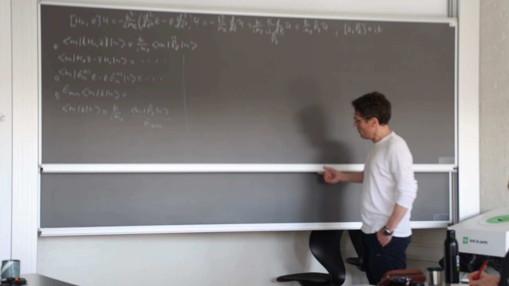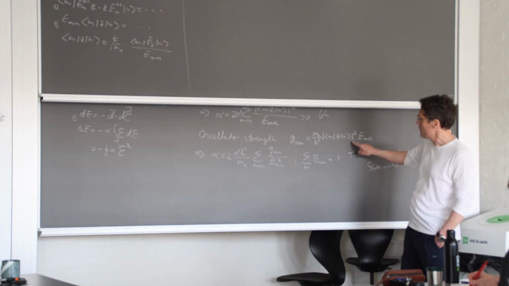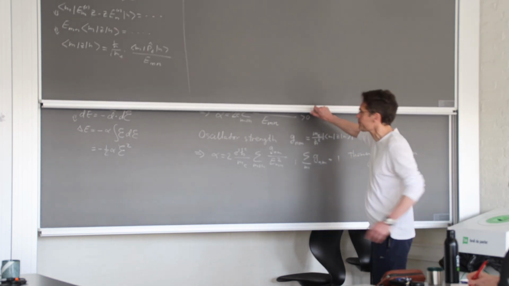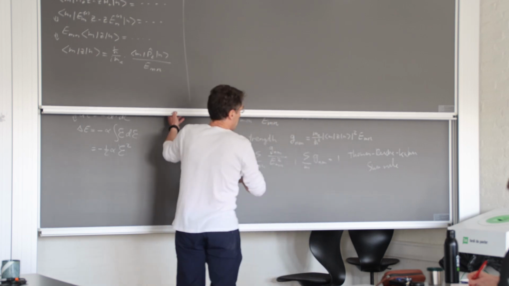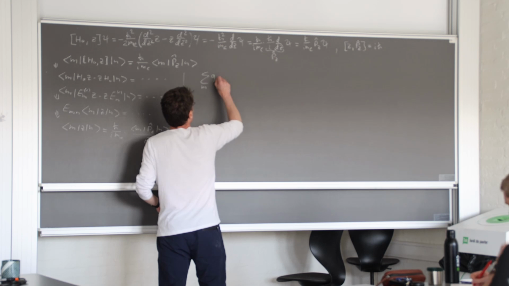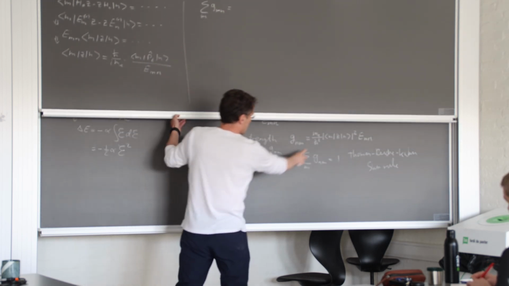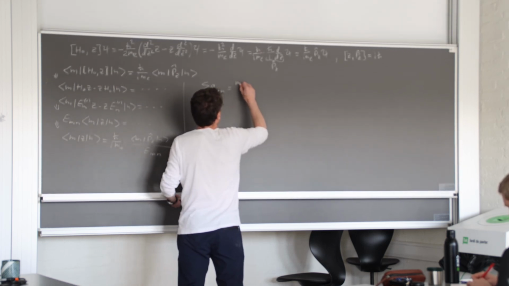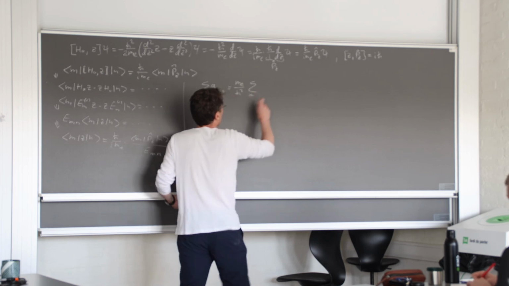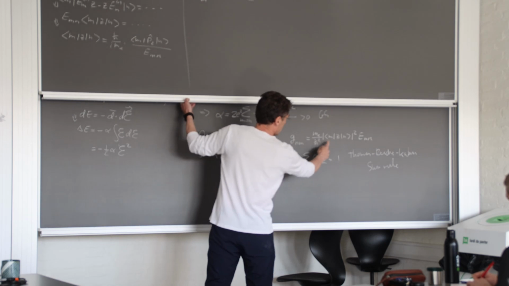So if we look at the definition of the oscillator strength here, and sum over m, let me do that. Sum here. That is going to give me this prefactor, 2m over h bar squared, and then a sum over m, and then the square of this matrix element.